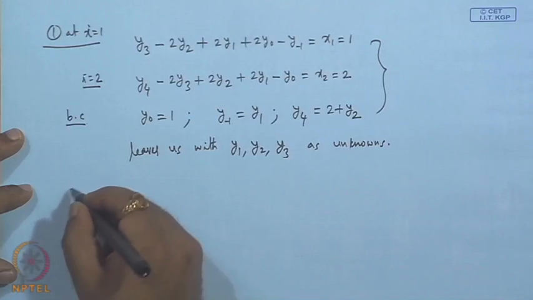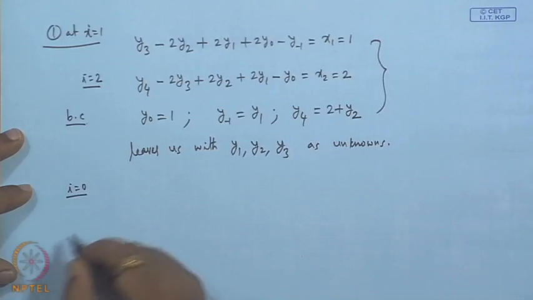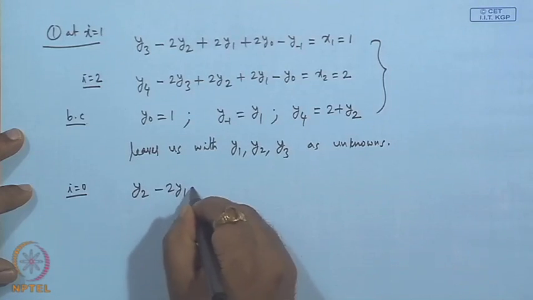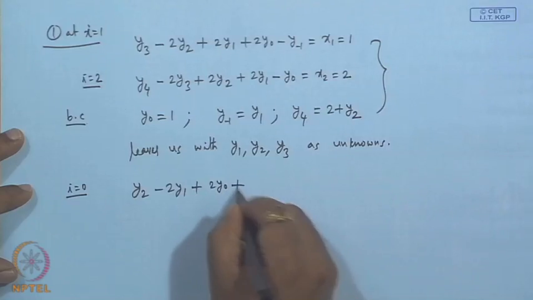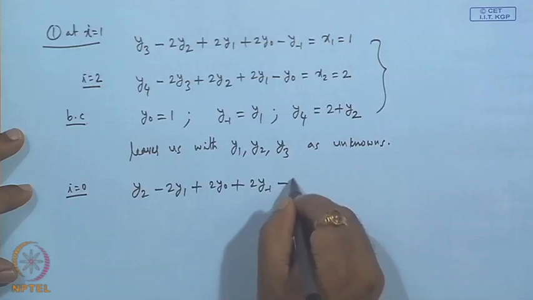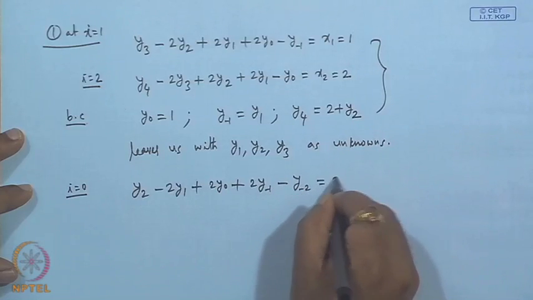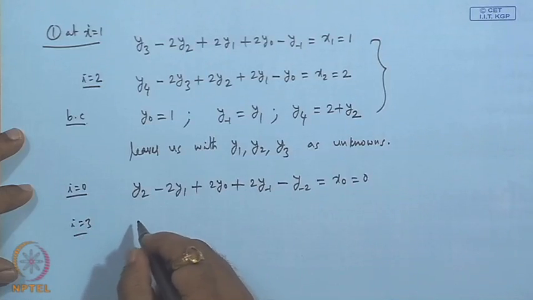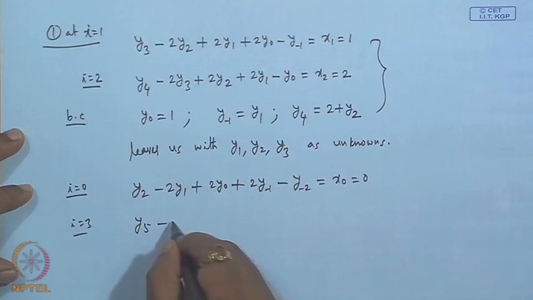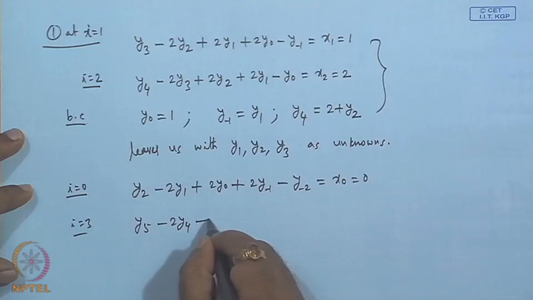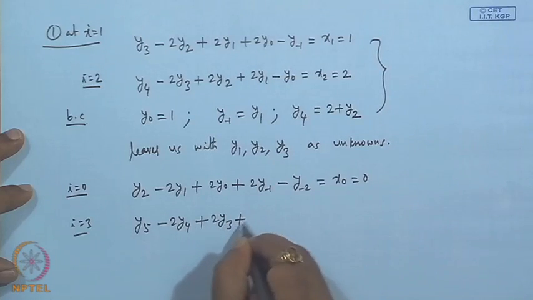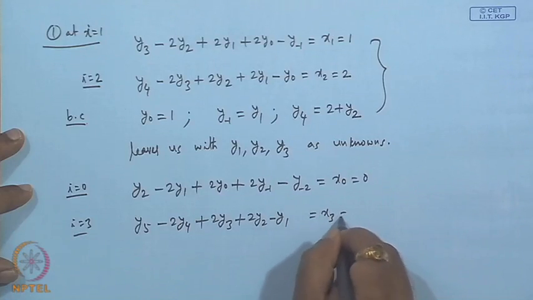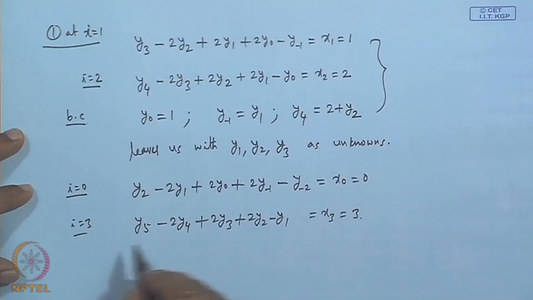So, now at i equals 0, y 2, 2 y 1, y 0, at i equals 3, so what happened?